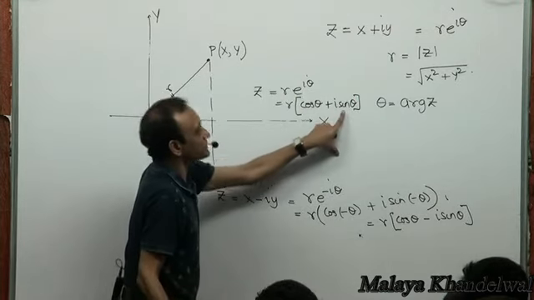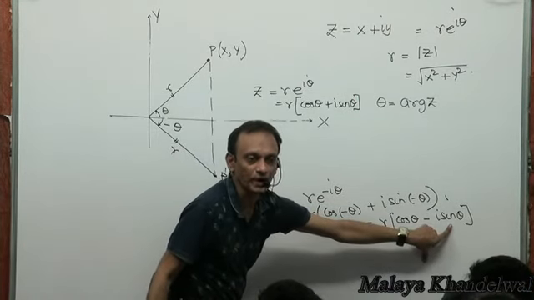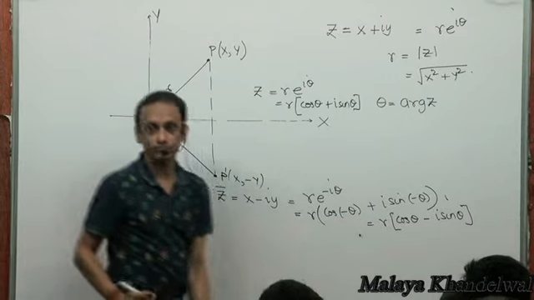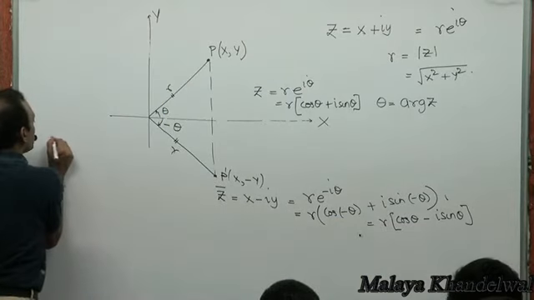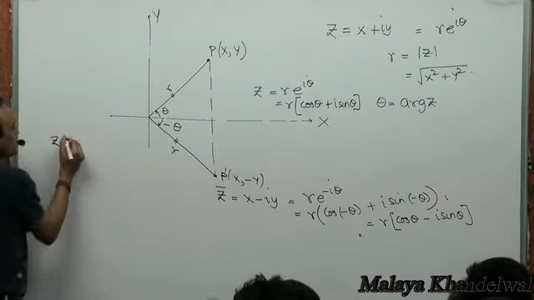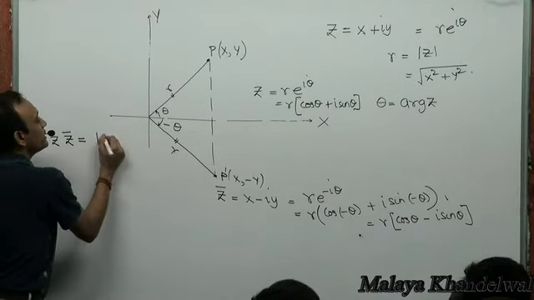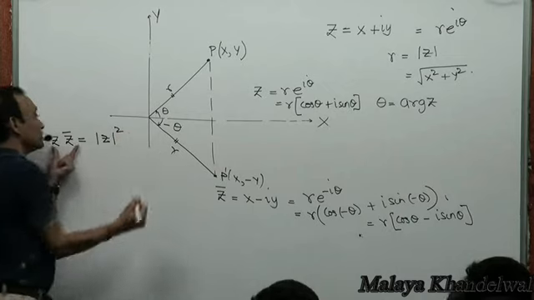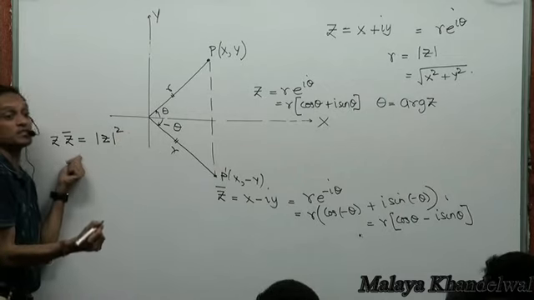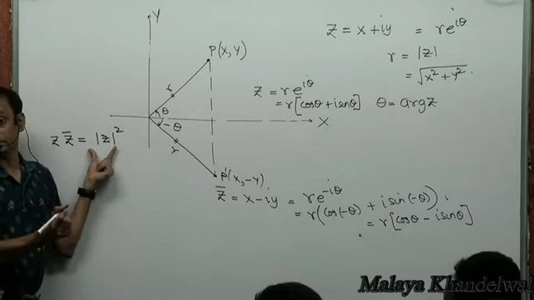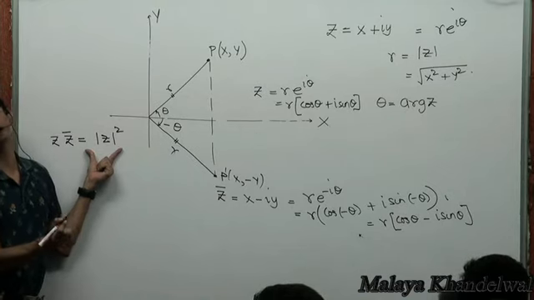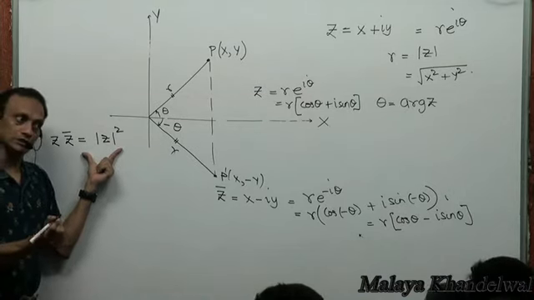Do you realize that they differ only in their imaginary parts? They are z and z bar. Also, if z is a complex number and z bar is its conjugate, then z times z bar is going to be mod z squared. These are two complex numbers, but when you multiply them, you get a real number. Mod z will never be complex. Mod z will always be real, right?